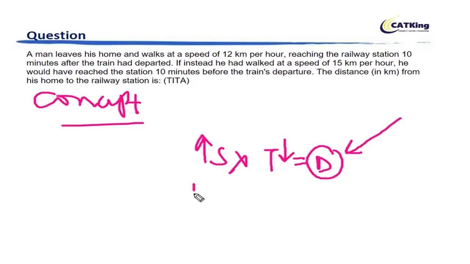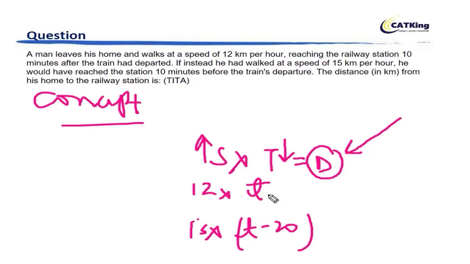In the first case, he is going at 12 km per hour, and let's say he is taking t amount of time. In the second case, when he is going at 15, he is taking lesser time. How much time? Earlier he was 10 minutes late, now he is 10 minutes early, basically meaning that he is taking 20 minutes lesser as compared to the first case, right?